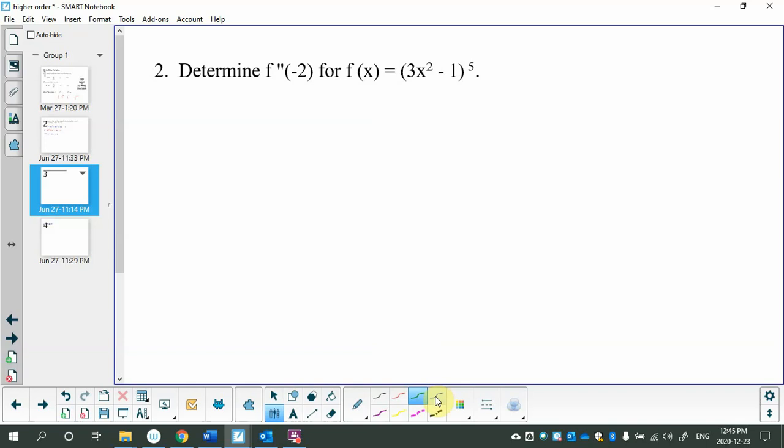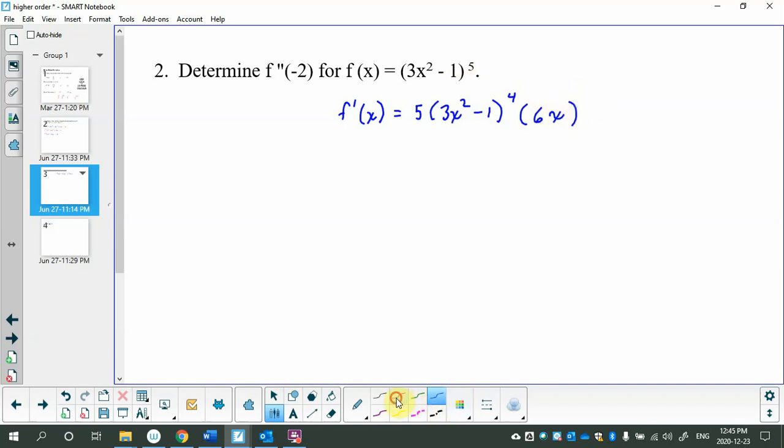So first step is taking the derivative, the first one, which is going to need the power of a function. So drop the 5, keep writing the bracket, make the exponent 1 less, in a bracket behind, take the derivative of 3x squared minus 1, which is drop the 2 onto the 3 is 6, x to the 1 minus 0.